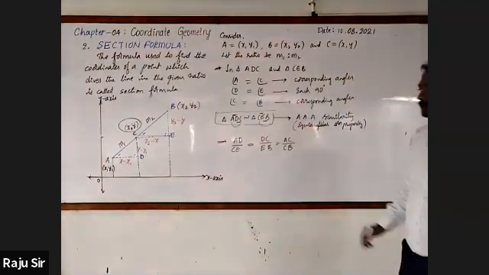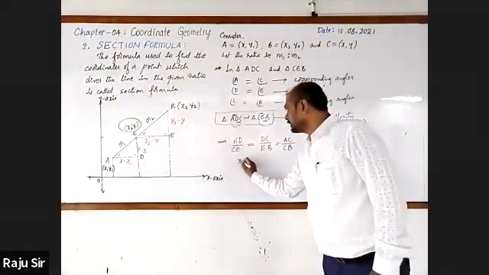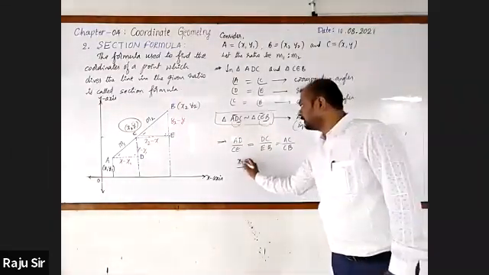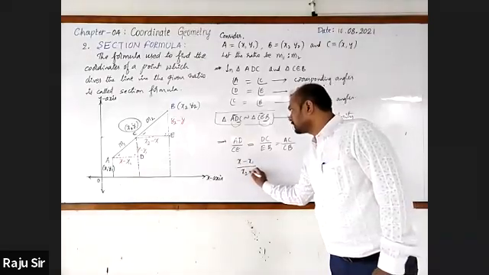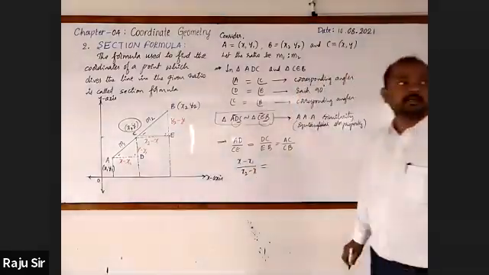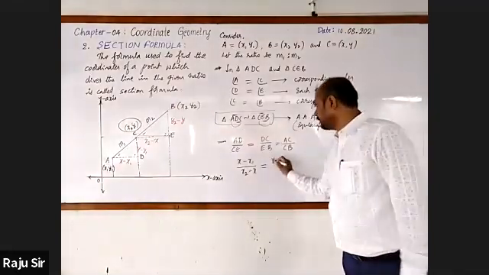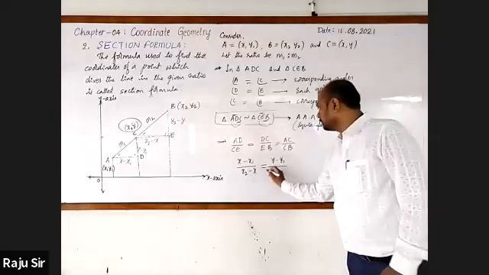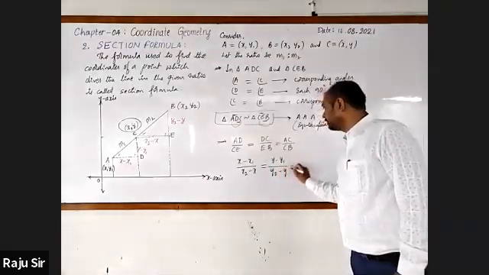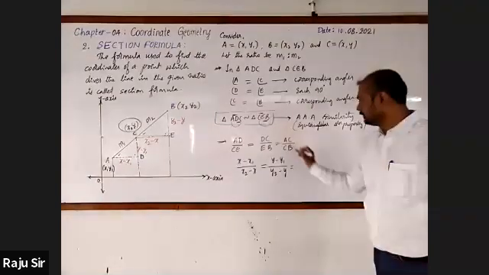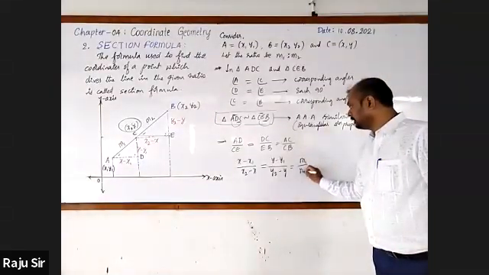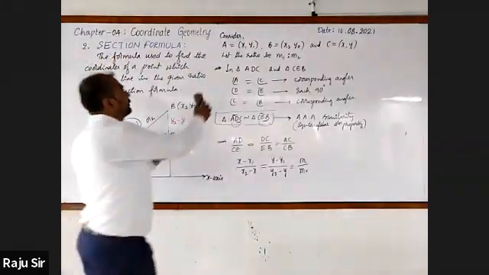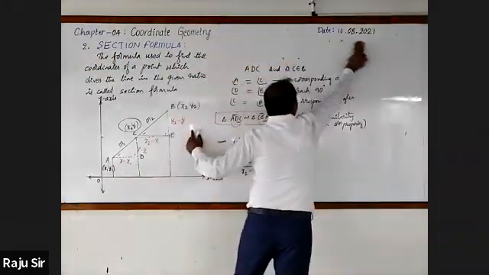Let us substitute. AD is x minus x1 by CE, it is x2 minus x. DC is y minus y1, EB is y2 minus y. AC is m1 and CB is m2.